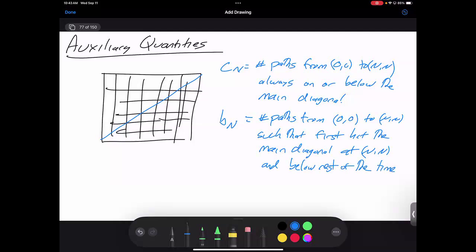So it's basically the first hit: you first hit the main diagonal at (n,n).